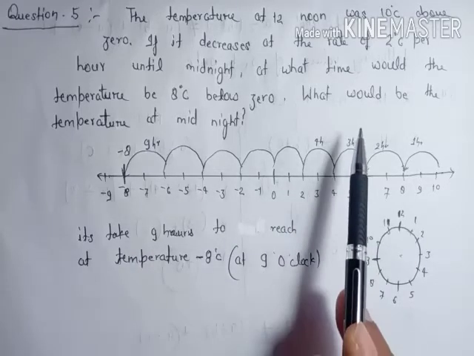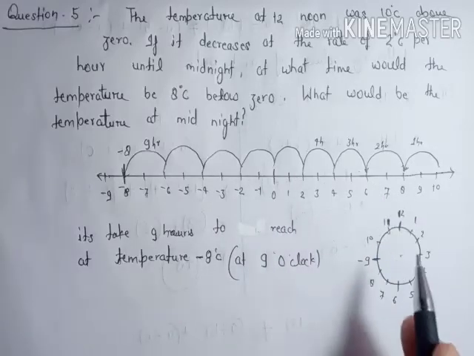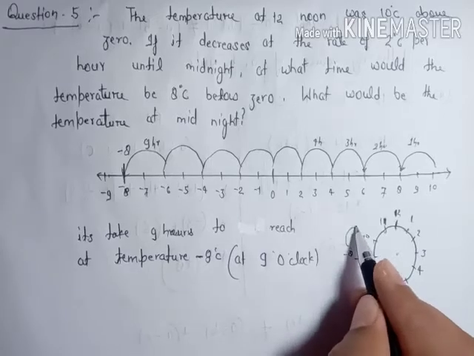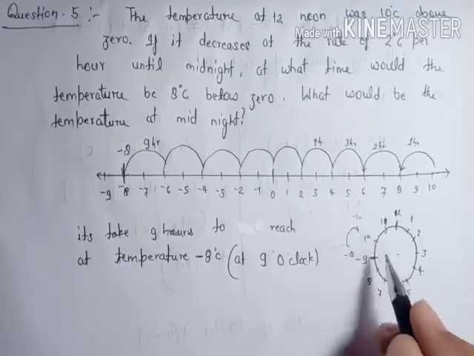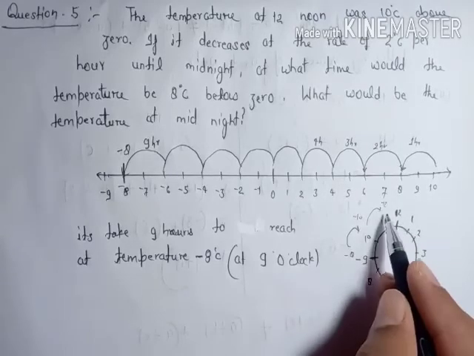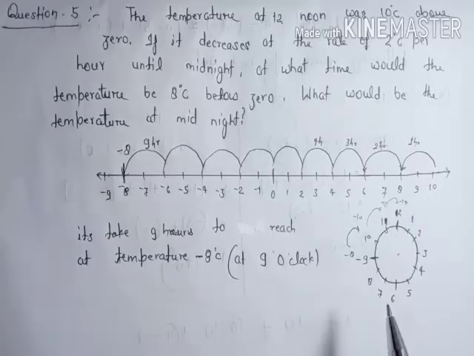And the second part of the question is, what would be the temperature at midnight? At 9 o'clock here it is minus 8, and after 1 hour it is minus 10, and after 1 more hour it is minus 12, and 1 more hour later it is minus 14.